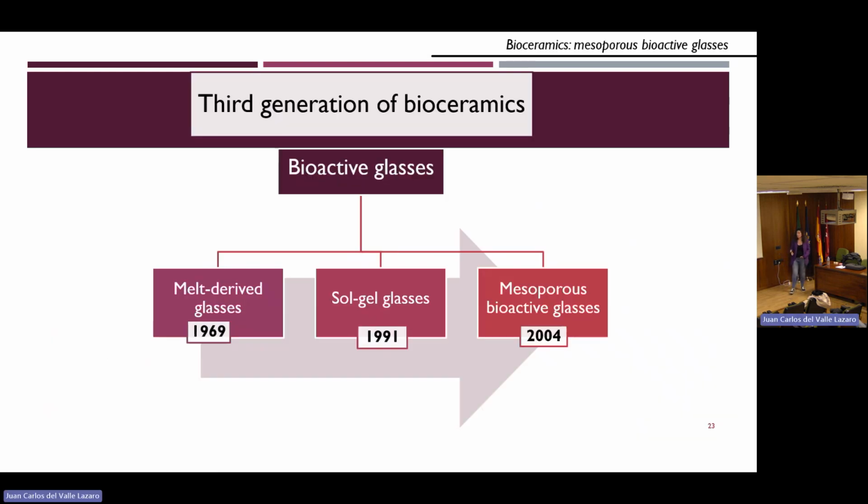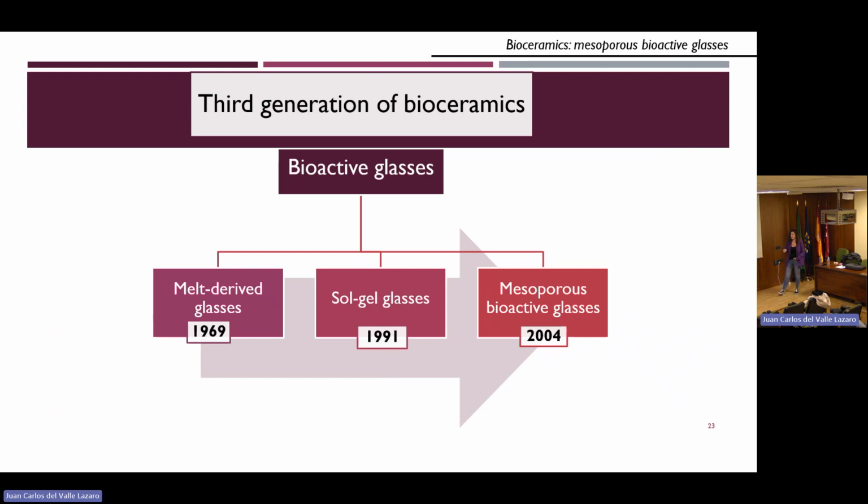Well, now that we know a bit about bone, I want to speak about the third generation of bioceramics, completely bioactive glasses. I really like those materials. I did my PhD on those materials, and compared to other materials that we use for bone replacement, like metallic prostheses or hydroxyapatite itself, those materials have the ability to regenerate the bone.